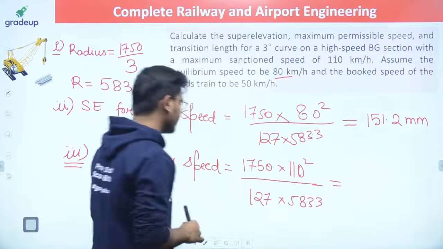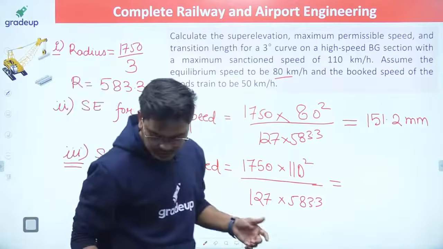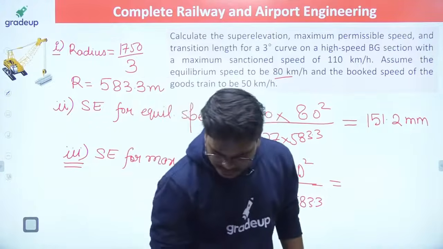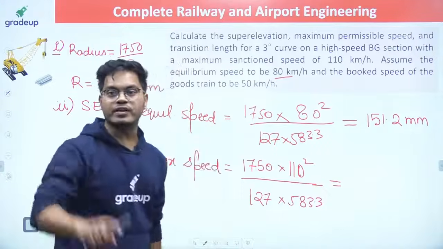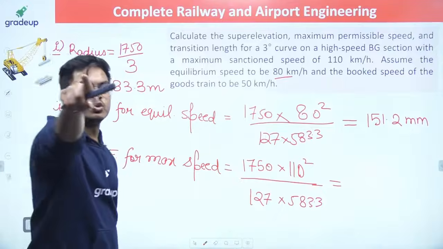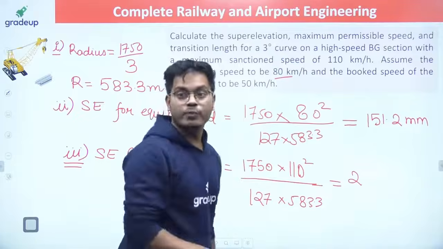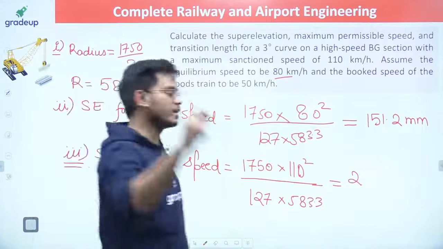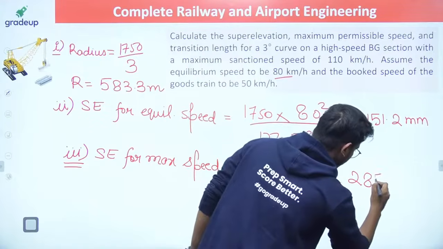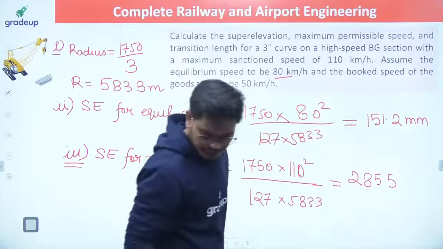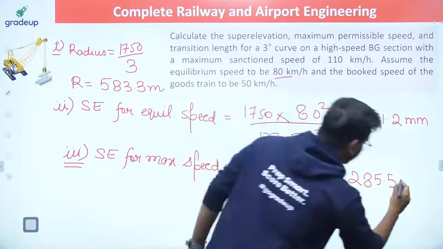From here we will get the value of super elevation as 285.5. Correct? Very good, Nivedita. I am getting it as 285.5 only.